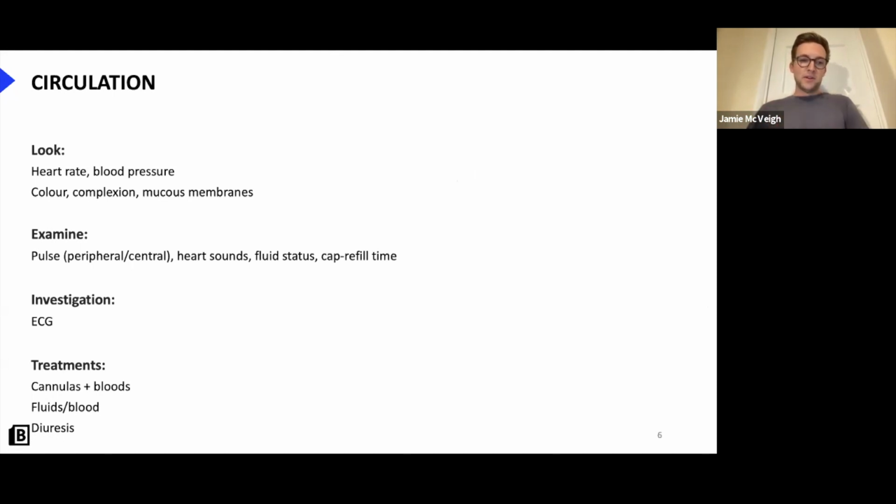There are two things you can do now if you're worried that they're in shock, depending on how bad it is. If you've got a patient with a heart rate of 150 and a blood pressure of 60, 70 systolic, you need to escalate, okay? Because it's likely that they are very unwell and they're going to need some quite invasive treatment quite soon.